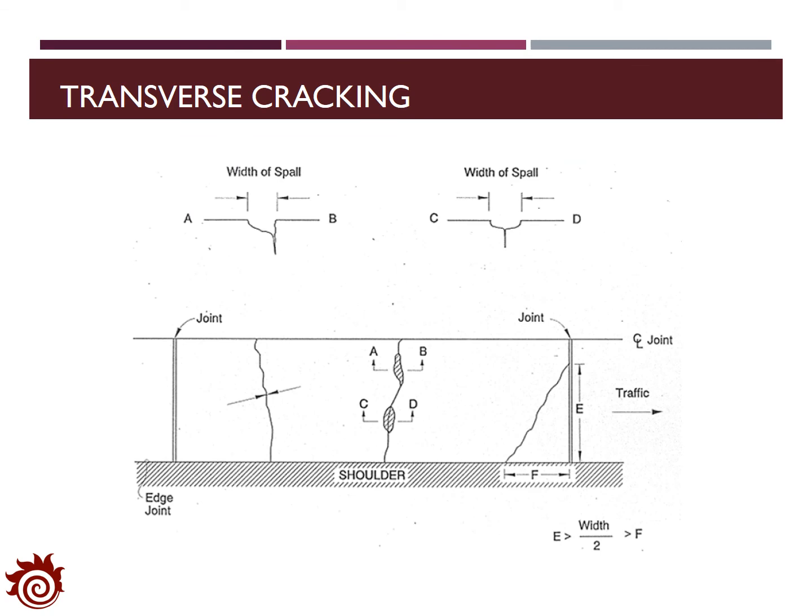Similarly, we have the cross-section view and top-down view of transverse cracking, and you will see that the cracks were perpendicular to the center line and the lane markers. Also, it's possible that you will observe some materials missing. It can happen at both sides of the cracks or one side of it.